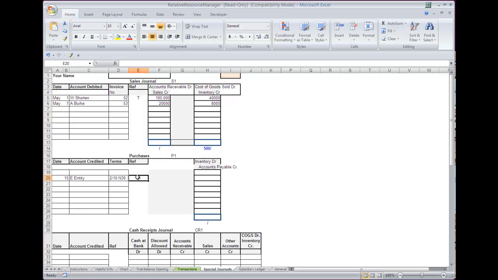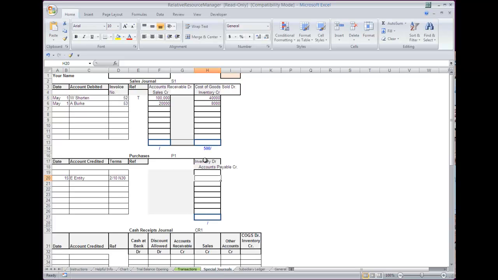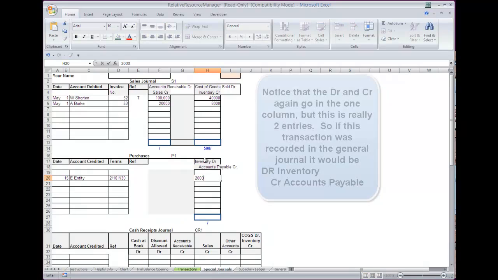Reference, well, we haven't posted that yet. Debit inventory, credit accounts payable, that's the transaction we're going to do. So $20,000.